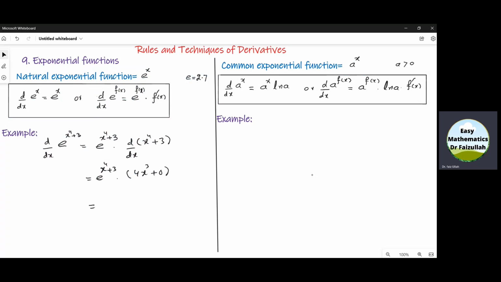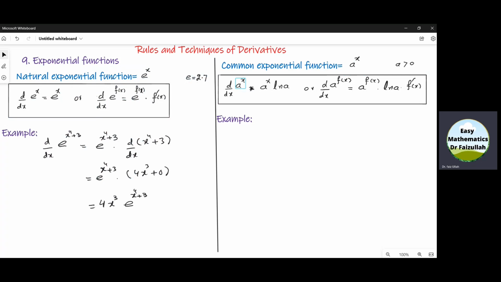If we write it in a simplified form, we write 4x cube into e power x^4 plus 3, and that is the solution. Now let us see the differentiation of common exponential function a power x.